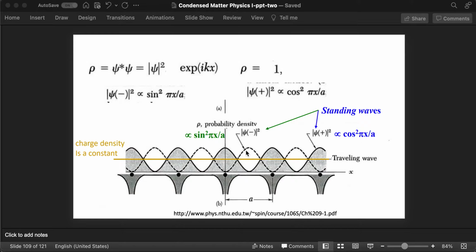So you can see that there are two distinct energy states, one in between the ions and one on the site of the ions. This is fundamentally related to the existence of energy bands in solids, as we shall see.